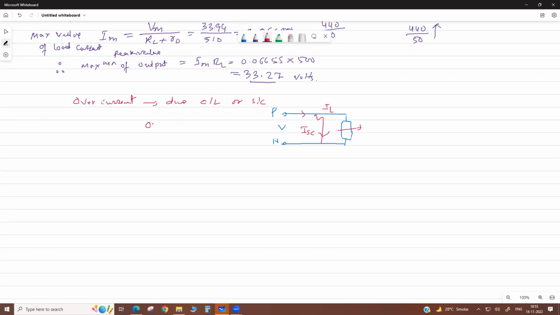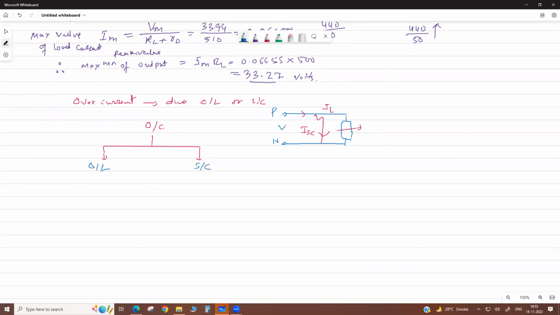This overcurrent in your electrical or distribution system has two causes: one is overload, and the other is short circuit.